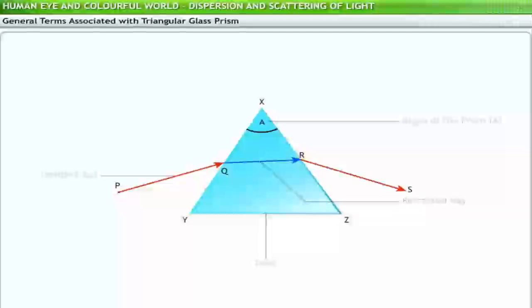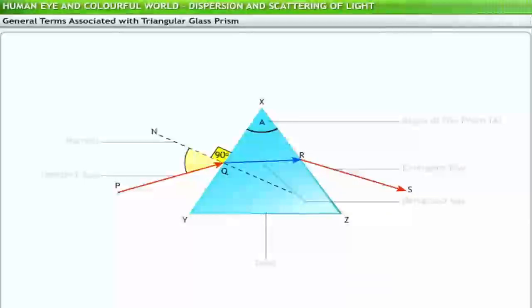The refracted ray again incidents on the other surface of the prism and then emerges from it into the air. This light ray emerging from the prism after refraction is called the emergent ray. Here, RS is the emergent ray. Normal is the imaginary line drawn perpendicular to the surface at the point of incidence.